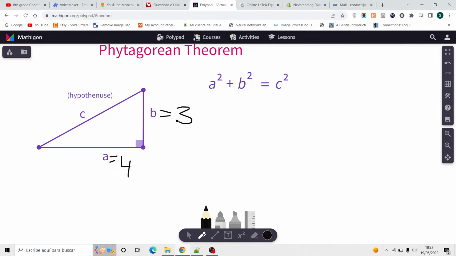Okay, so let's calculate C. So the Pythagorean theorem states that 4 squared plus 3 squared, okay, equals C squared.